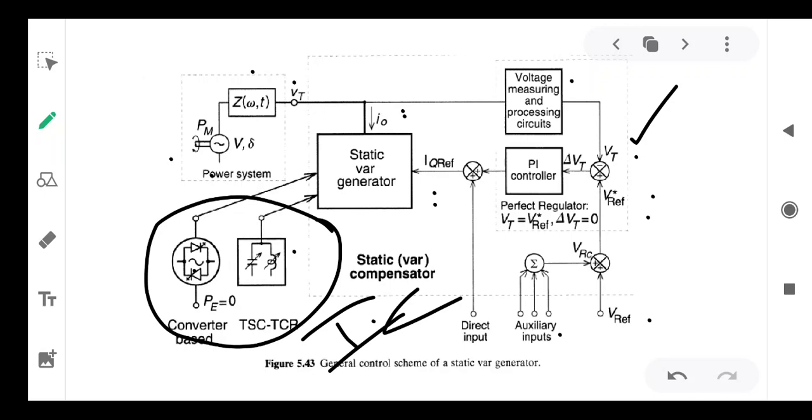So from this you can summarize the general control of the SVG for any type of compensation.